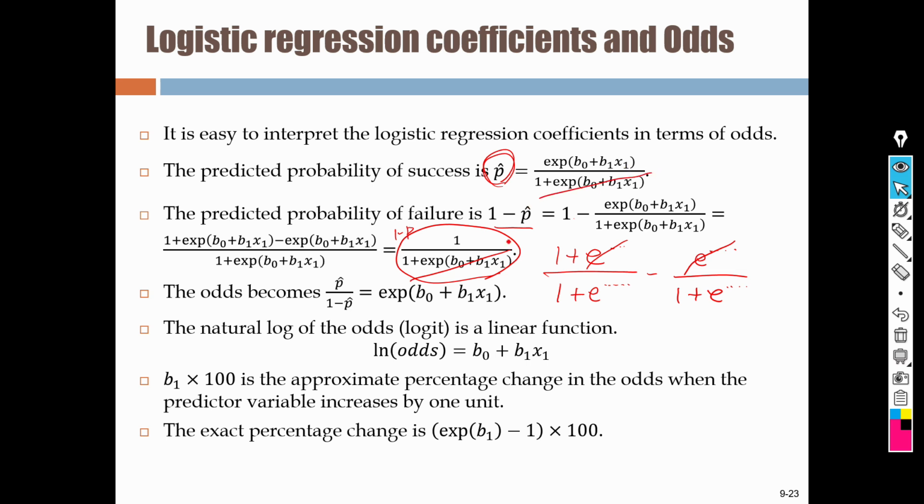The denominator disappears, and the only thing you have is this one. Now, if you apply the log on both sides, the log of odds will be simply a linear regression. So that's how we bring the odds to make it easier to run the linear regression.